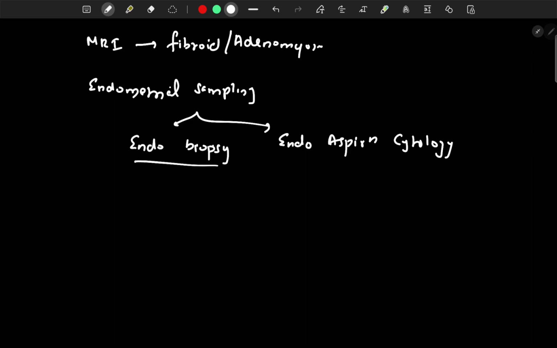The endometrial biopsy is done using an endometrial biopsy curette, whereas endometrial aspiration cytology is done using, in India, Karman's cannula. In the world it can be done by a Pipelle or a Vabra aspirator.